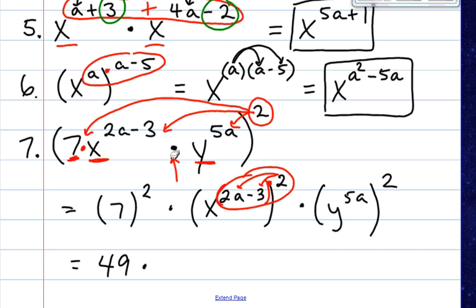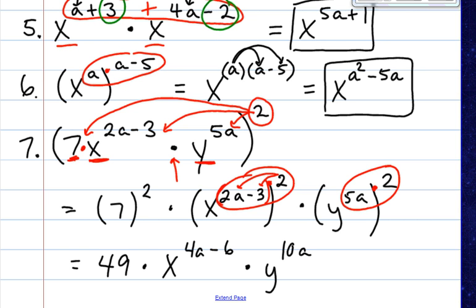So the x is going to be 2a minus 3 times 2. So 2a times 2 is 4a. Negative 3 times 2 is negative 6. Then for the last one, we have the y, which is also a power to a power. It's a little bit easier to multiply here. It's just 5a times 2, which is going to be 10a.